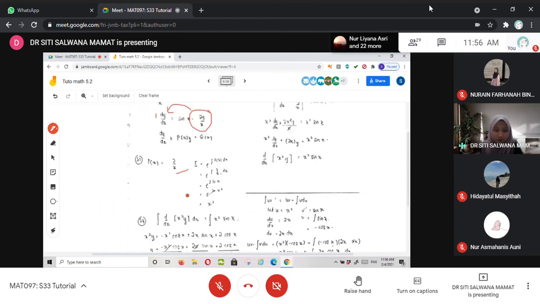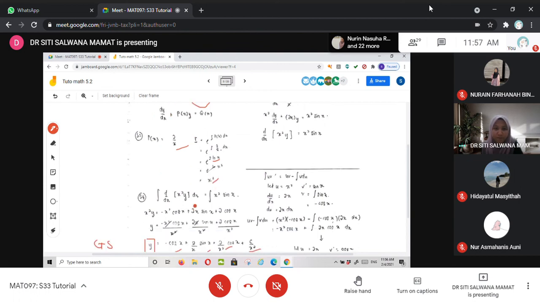Okay, now you integrate this 1 over x, you akan dapat ln, okay, which is 2 ln x. Okay, ini 2 you powerkan x ni, you ada x square. Okay, so apply exponential punya rule so that our integrating factor become x square.